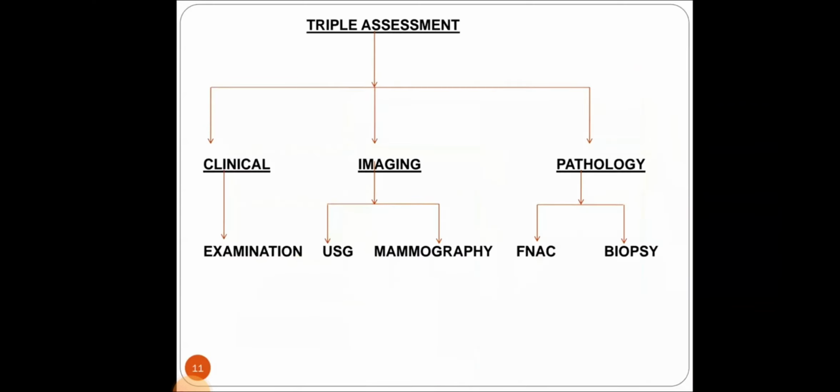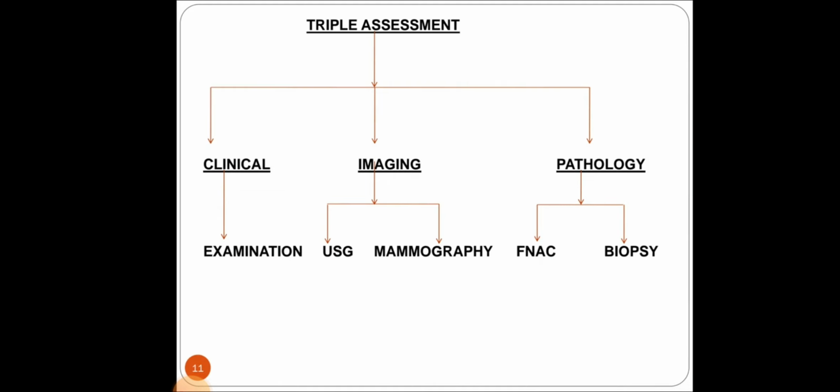Next main thing about examination is the triple assessment. Mainly in case of breast tumors or breast disorders, the triple assessment involves, one, clinical, that we have told, that is the examination part. Then imaging, that is USG and mammography. These are the imaging techniques that will help in the assessment of the disease. Next is pathological, that is FNAC or biopsy.